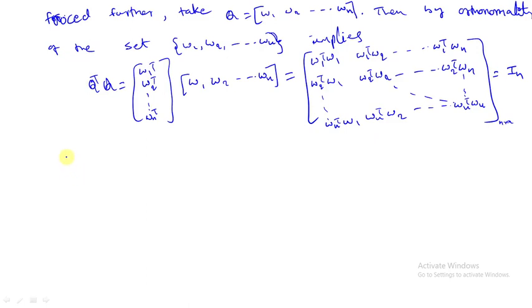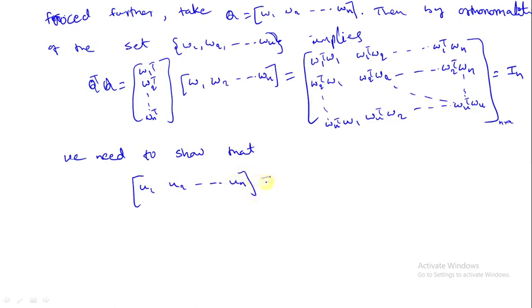Now our aim is to find R. We need to show that u1, u2, un relate to w1, w2, wn. The Gram-Schmidt process converts any linear independent set to an orthonormal basis.